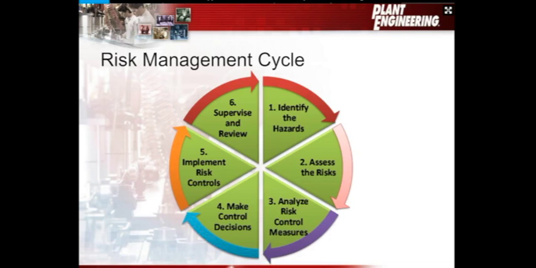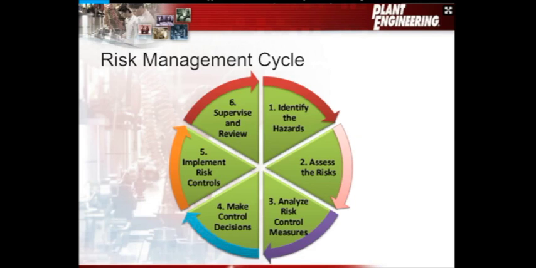Criticality analysis then becomes the assessment of those risks, of the severity of nonconformance or the probability of nonconformance. We then analyze the risk control measures, and criticality analysis is another useful tool to evaluate existing controls and see if they are in fact helping us reduce the impact to the organization.